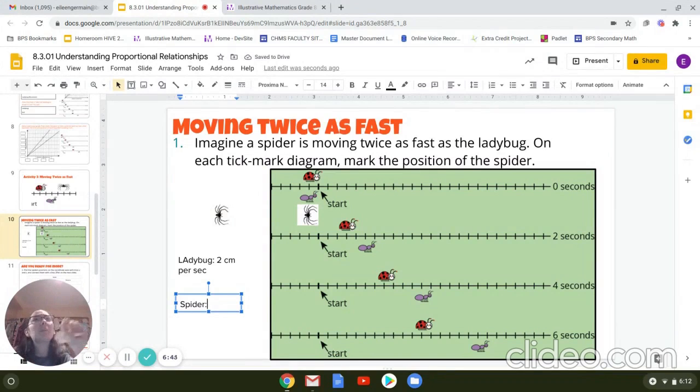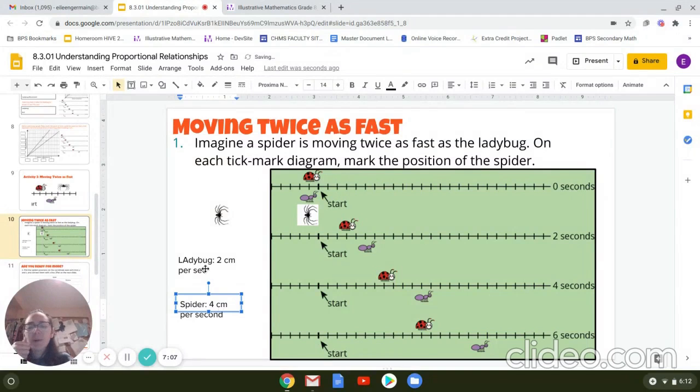We multiply by 2. So if the ladybug is going 2 centimeters per second, the spider is going to be moving at 2 times 2, which is 4 centimeters per second.